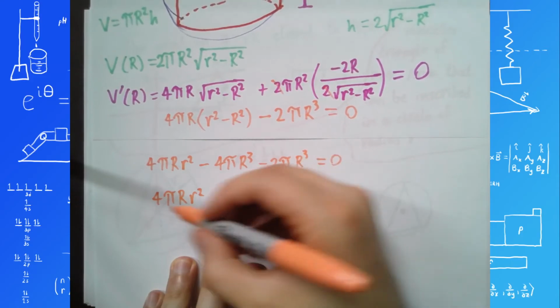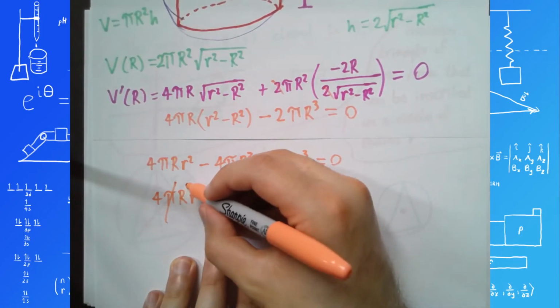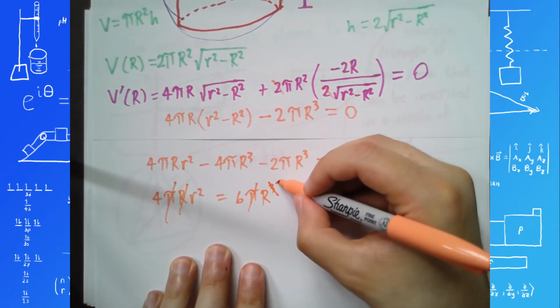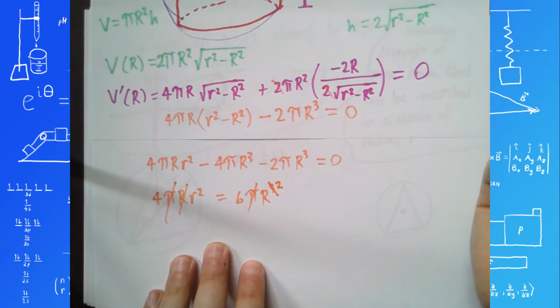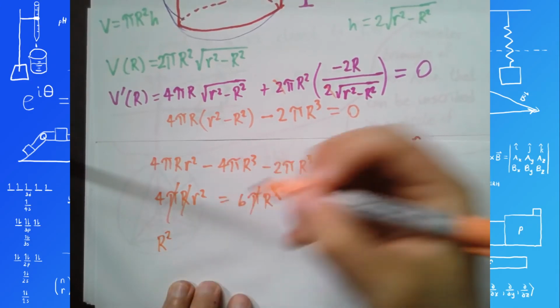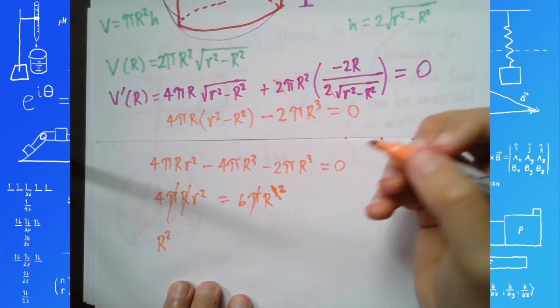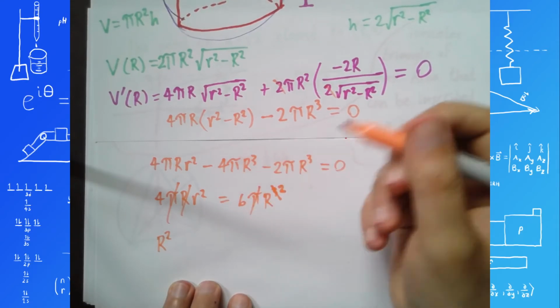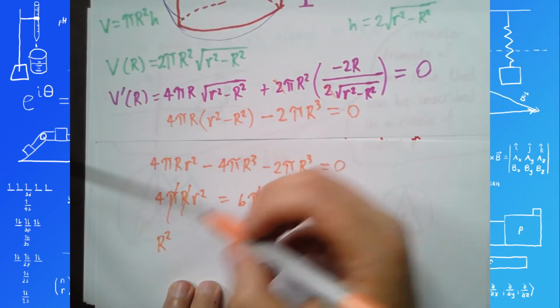I can cancel a pi on both sides. I can cancel a big R on both sides, leaving that as big R squared. And it looks like we've got it. So 6 big R squared, so I guess I need to divide by 6 as well, so 4 over 6 is 2/3.